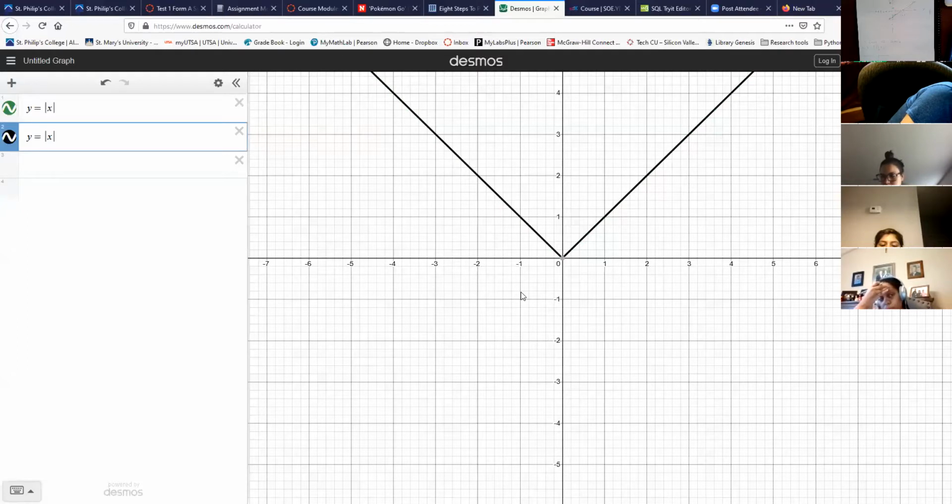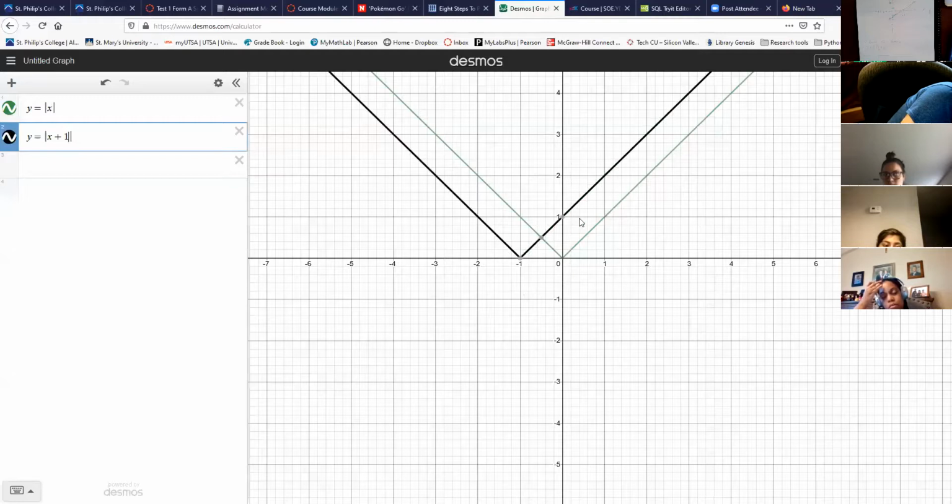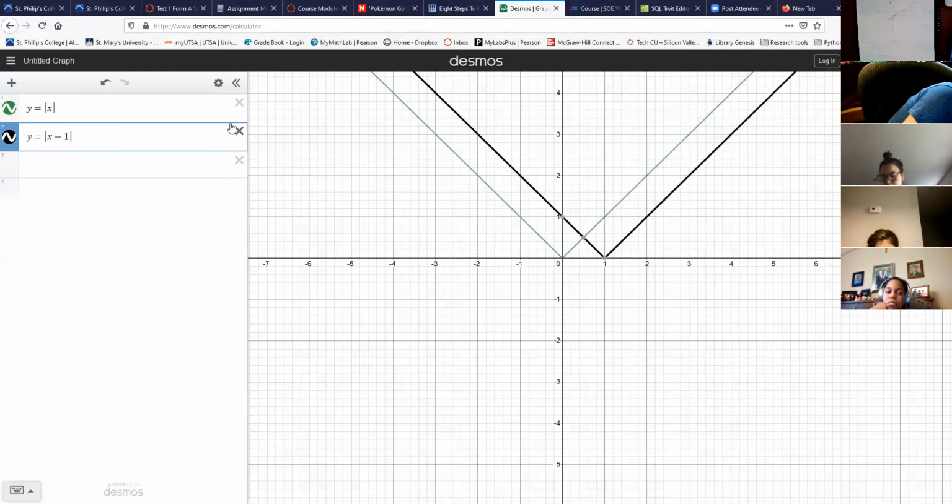That's all it does. But if it's inside, let's say if it's in here, it'll shift horizontally. So this is a little bit backwards. So +1 makes it move to the left. -1 makes it move to the right.